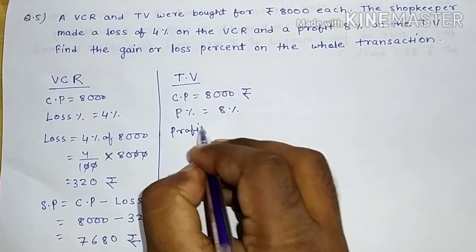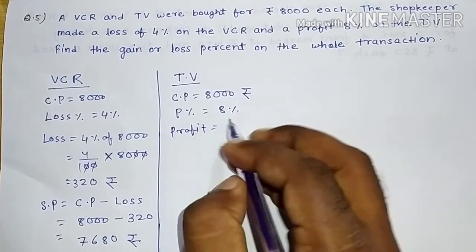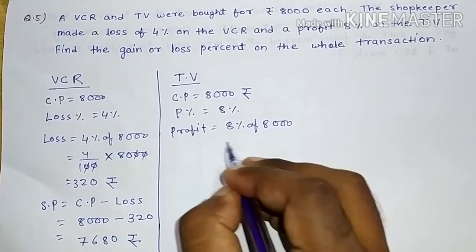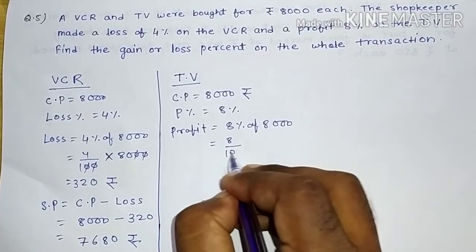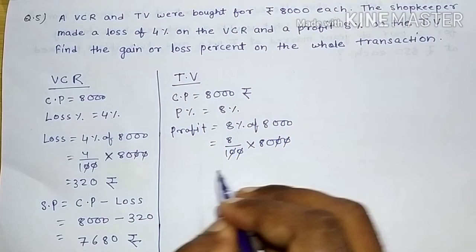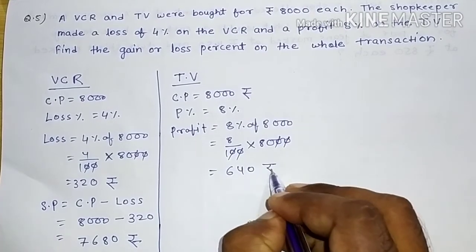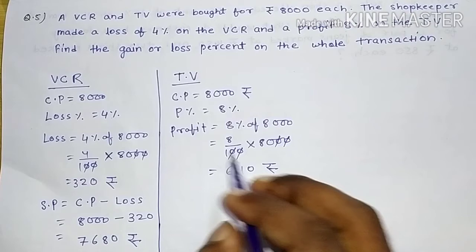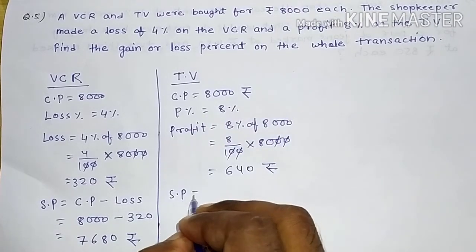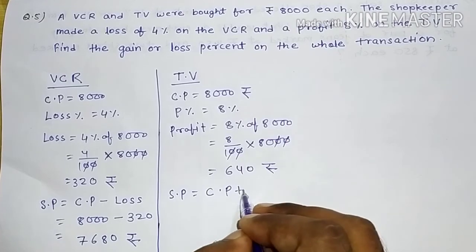So simply profit is equal to 8% of CP. That means 8% of 8,000. So this equals 8 upon 100 multiplied by 8,000. 0, 0 cancel out. So 8 8s are 64 and 0. This is the profit. 640 rupees is the profit on the TV. So the selling price of the TV is equal to, we know the formula, that is CP plus profit.